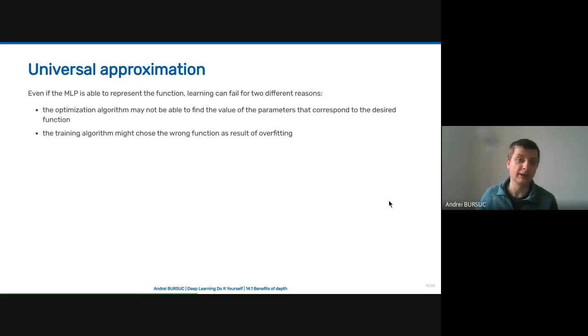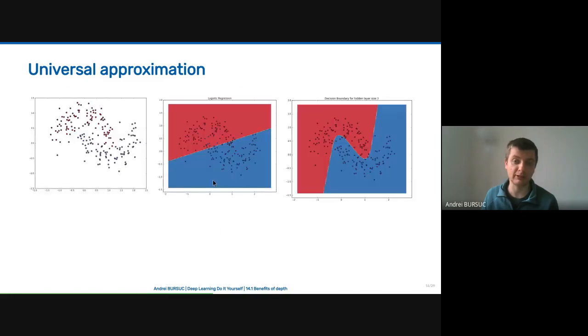One is that the optimization algorithm may not be able to find the values of the parameters that correspond to the desired function, which is what I was telling you before. And second is the training algorithm might choose the wrong function as a result of overfitting. If we have too many parameters, we might end up in a different set of values that will just overfit the training set and will not be useful for representing the function that we want.